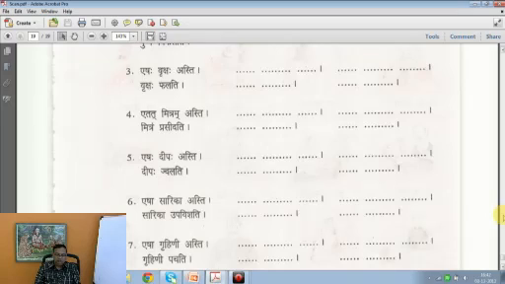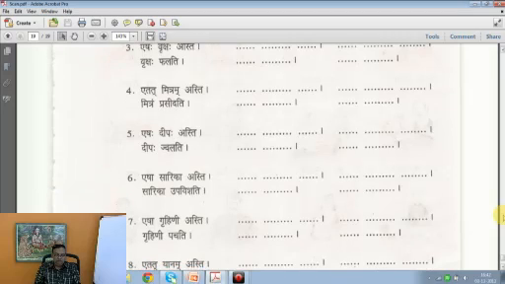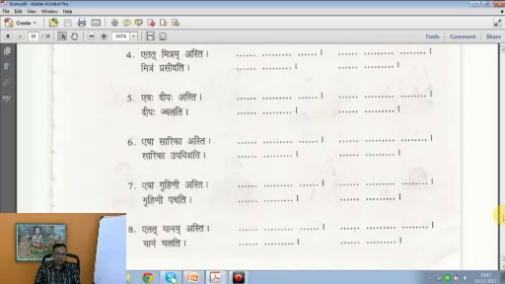These are the lamps. Deepaha jvalati. A lamp burns. Deepau jvalataha. Deepaha jvalanti.